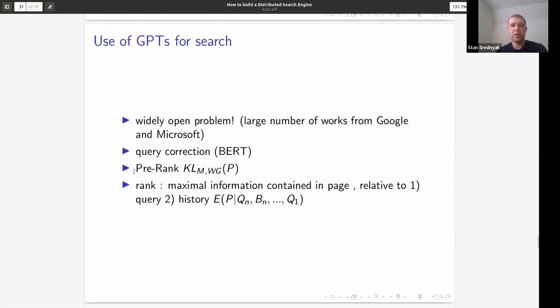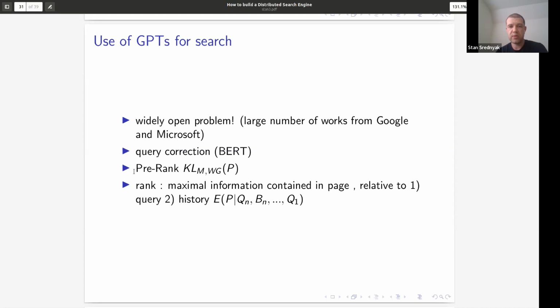Now, concerning the NLP problems that we are working on right now, it is the use of transformers and other sequence models for search. First of all, I should say that the use of transformers for search is a widely open problem. This is witnessed by the large number of works from Google and Microsoft teams.